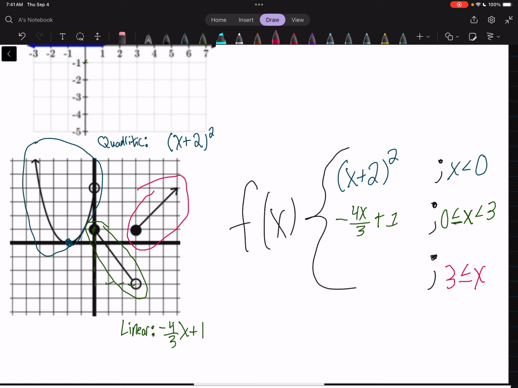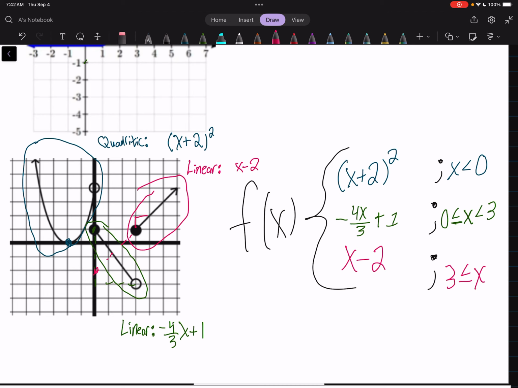For this pink function, it is also linear. Its slope is up 1, right 1, so it's just a slope of 1. x is good. I need to find the y-intercept, so I'm going to follow this slope down until I touch my y-axis, and it touches at -2. x minus 2 is the pink function.